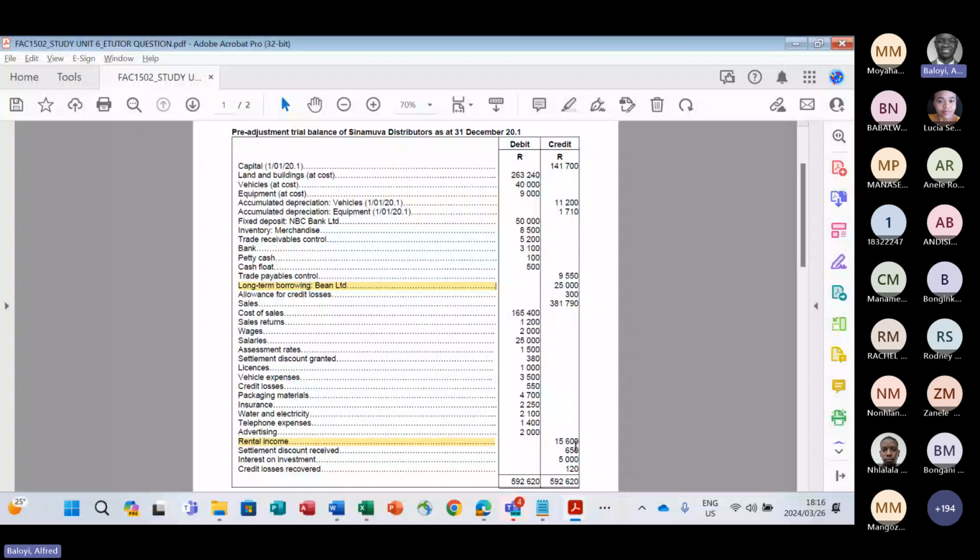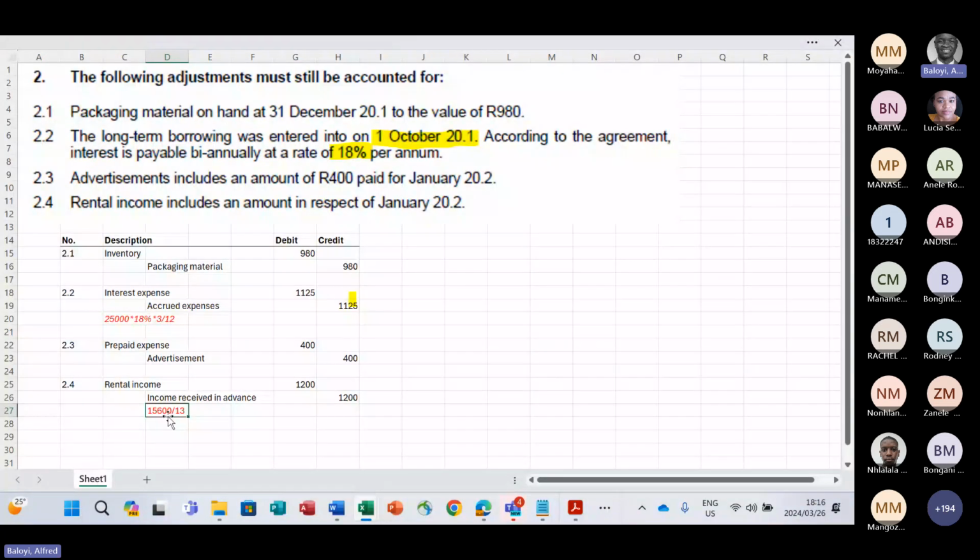That's why we divide the 15,600 by 13 to determine the additional rent for January. So it's 1,200. If the amount was for example January and February, this would have been multiplied by 2, so it could have been 2,400, but this is just for 1 month. So it will be 1,200. I think this should be straightforward. Any questions?